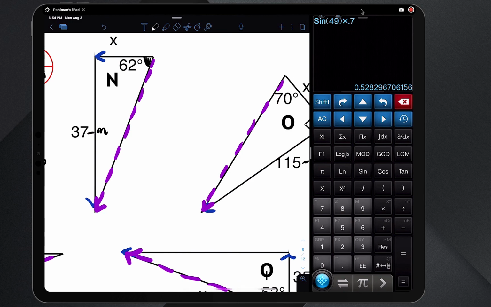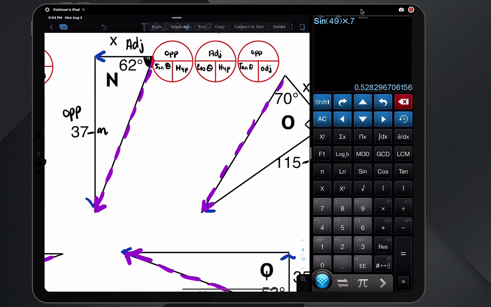Letter N, our angle is up here. This is the opposite side. That's the adjacent side. So from my list, which one has opposite and adjacent? Opposite, adjacent, I'm working with tangent this time. Out of that particular one, I'm trying to find the adjacent side, so that means I have to take the opposite, 37, divided by the tangent of our angle, 62 degrees.